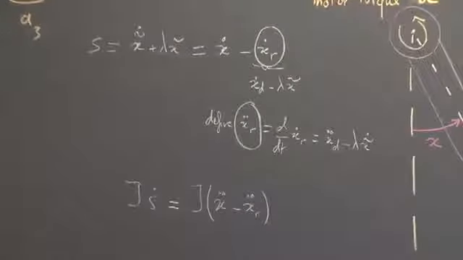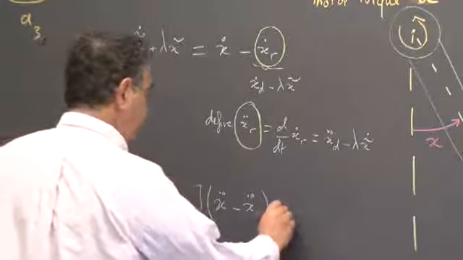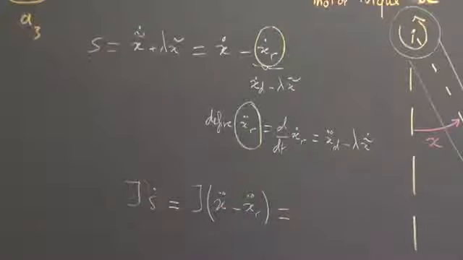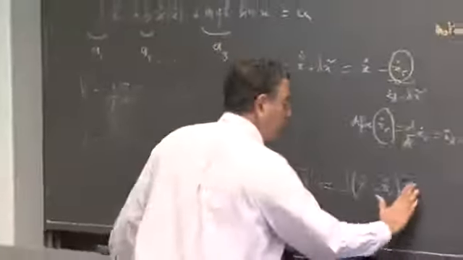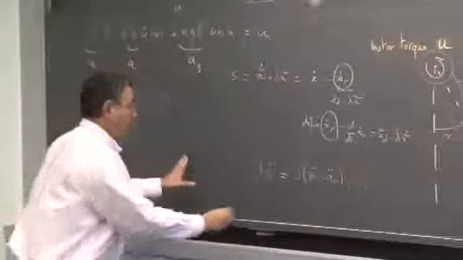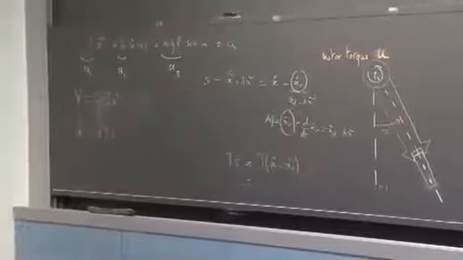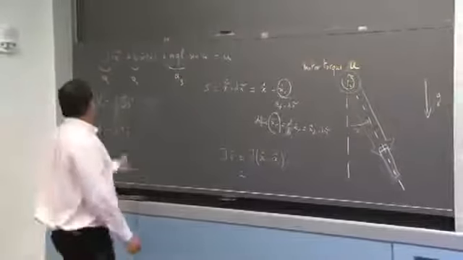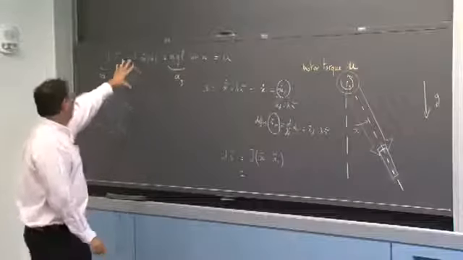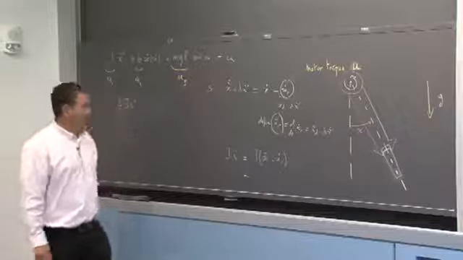Now J x double dot is the dynamics, so we can rewrite it here. It's u minus b x dot absolute value of x dot minus mgl sine x.